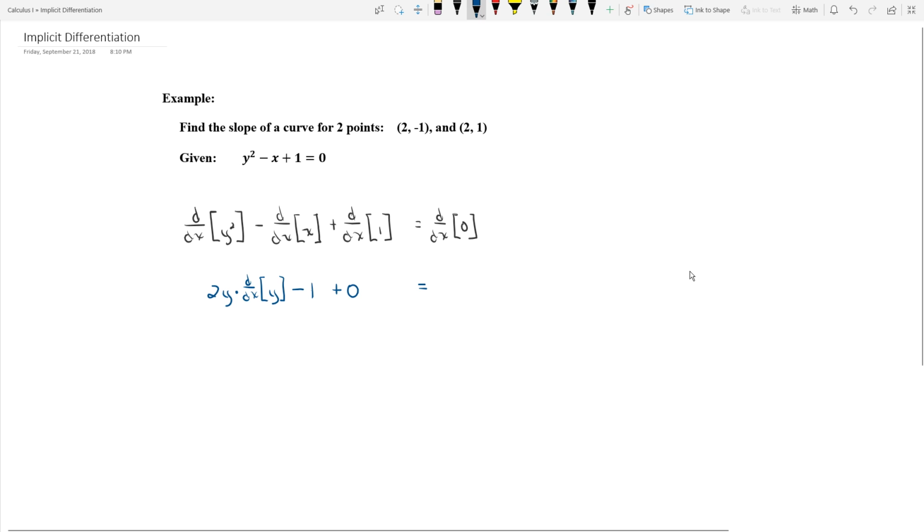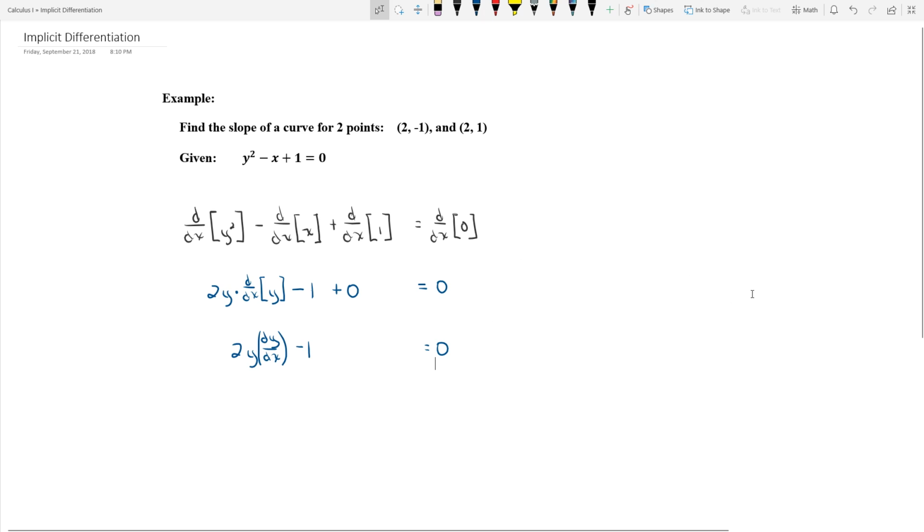And then we have the derivative on the other side of the equation that is also 0. So we will end up with 2y dy dx minus 1 is equal to 0.